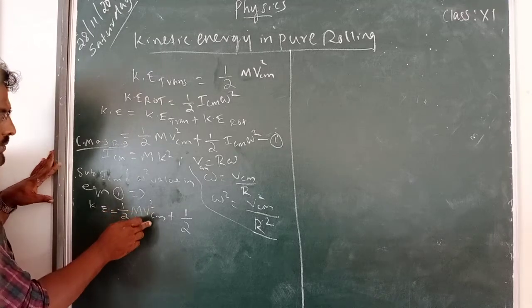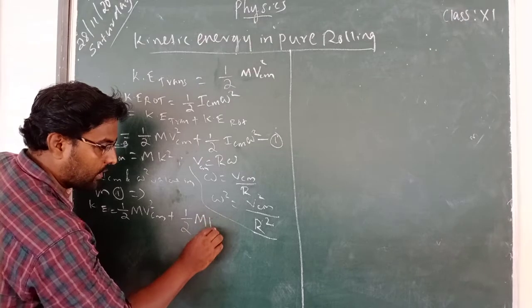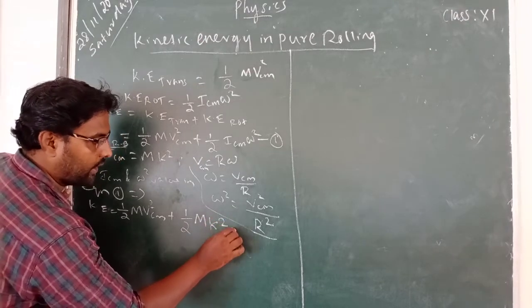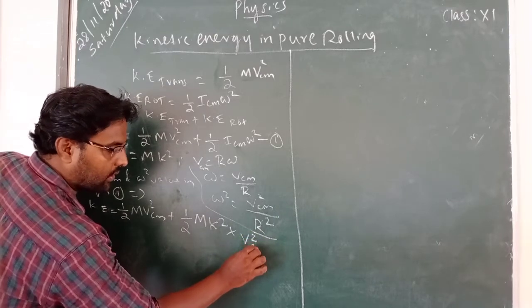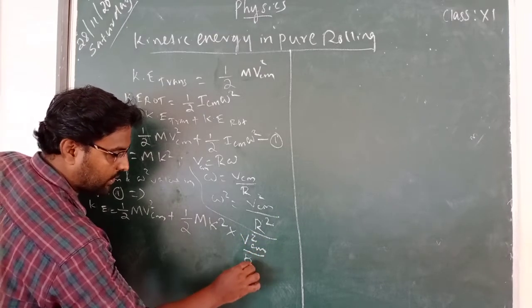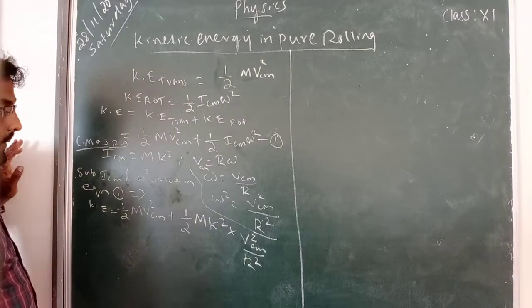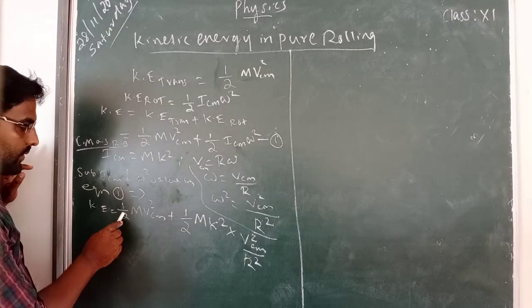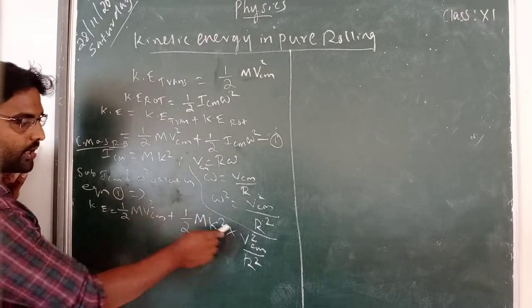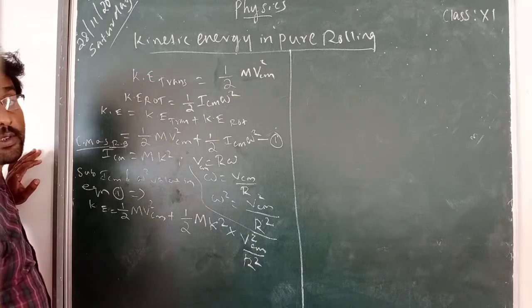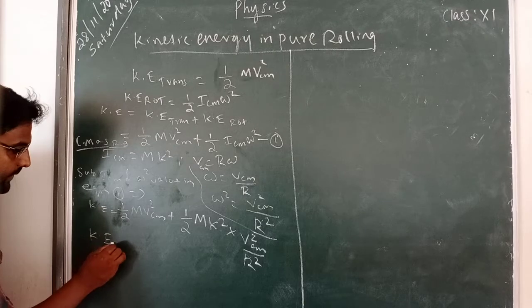Now half m v square cm plus, instead of ICM, m k square into omega square, which means v square by r square. Now you see here half m v square. This term is common for all, so take all these outside.